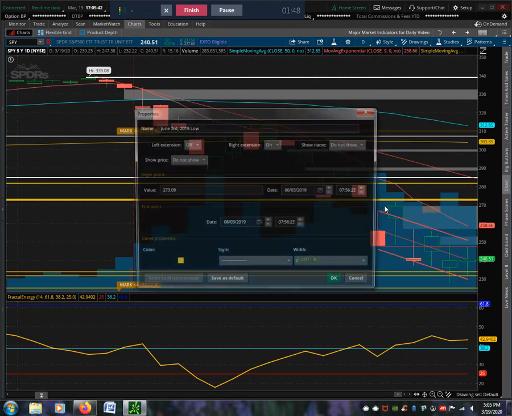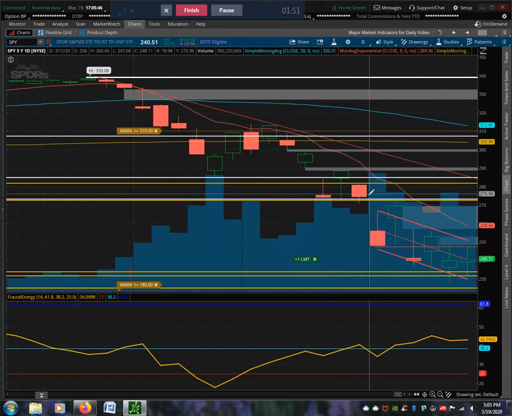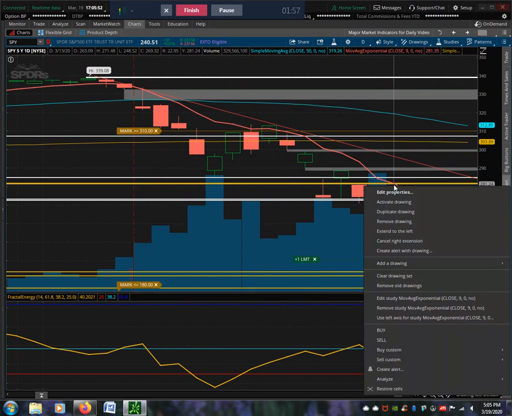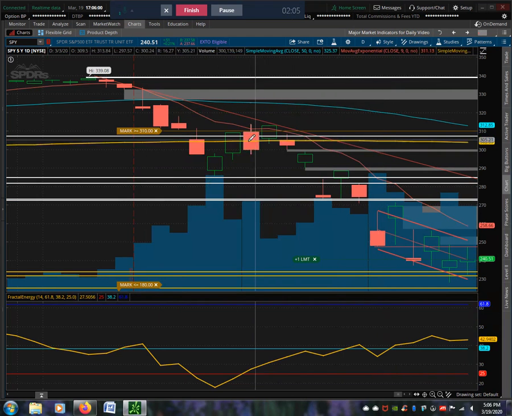We'll change this to overhead resistance because it's in white. You've got the August 5th, 2018 low, overhead resistance. So we see all of these are resistance now. We've got all-time highs. We've got this level. And so we have quite a few levels going on.